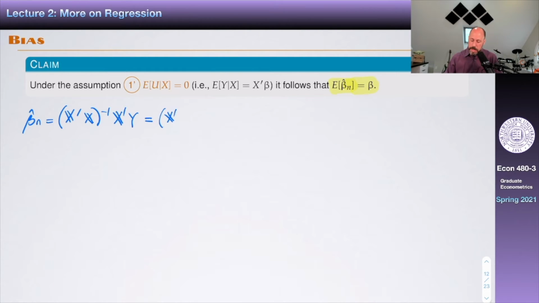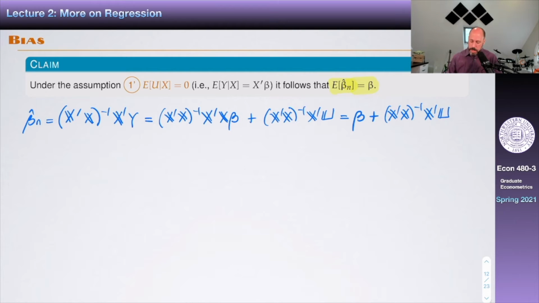So this is (X prime X) inverse X prime X beta plus (X prime X) inverse X prime U. So this is equal to beta plus (X prime X) inverse X prime U.